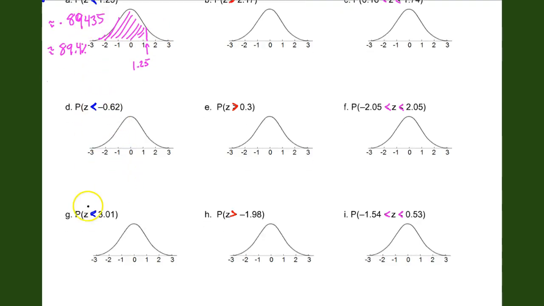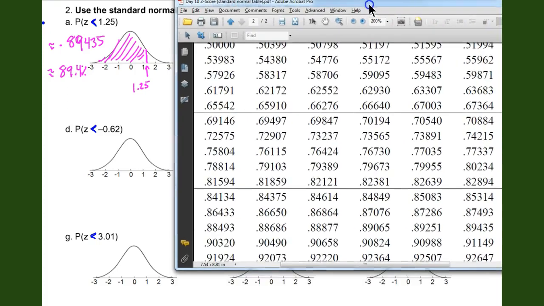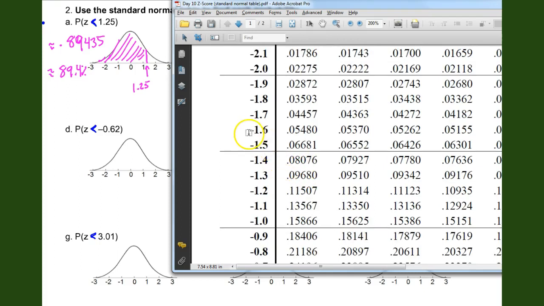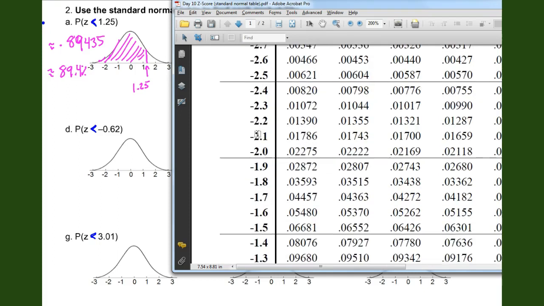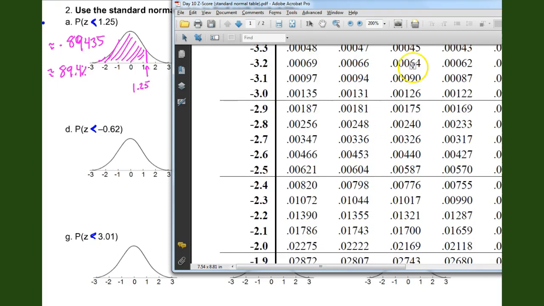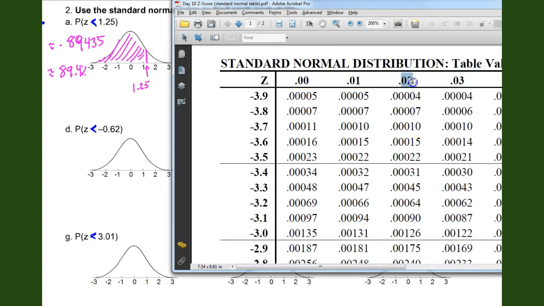Okay, I'm going to go down the columns here since these are all similar. Less than negative 0.62. So we'll look up on the negative side, we'll have to go to negative 0.6. Go down. There we go. There's negative 0.6, and to get the 0.02, this is 0.00, 0.01, and this will be 0.02. I can follow that up here to the very top, and that's the 0.02 right there.